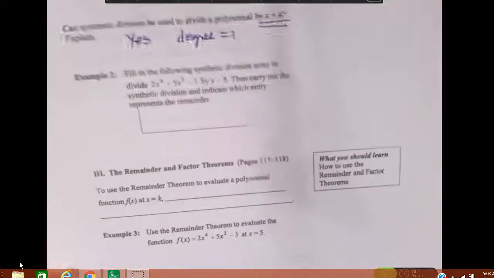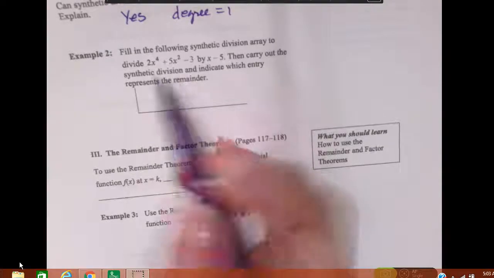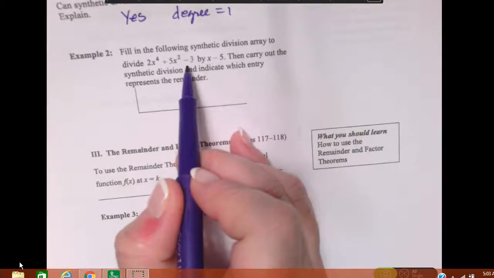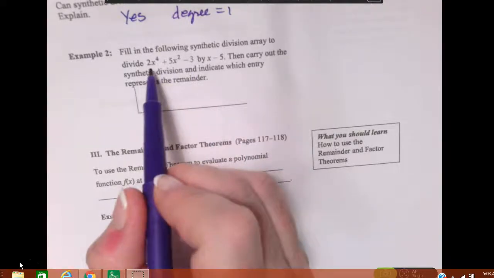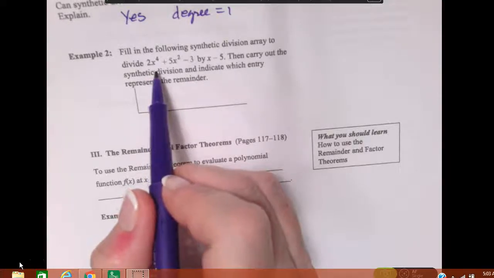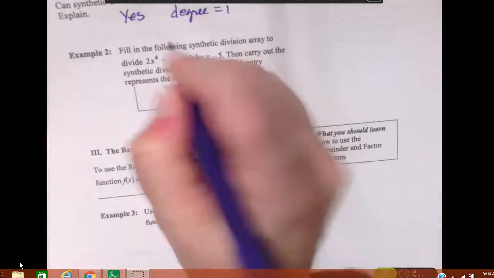So we are going to do synthetic division, which you've done before. We're going to create an array using the coefficients of all of the terms in the dividend. We still have to follow the same process where we fill in any gaps. So if I want to divide 2x to the 4th plus 5x squared minus 3, I have to fill in a 0x cubed and a 0x here.